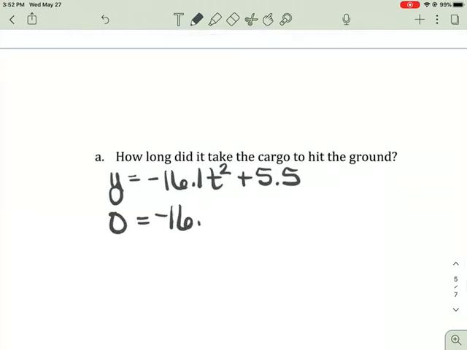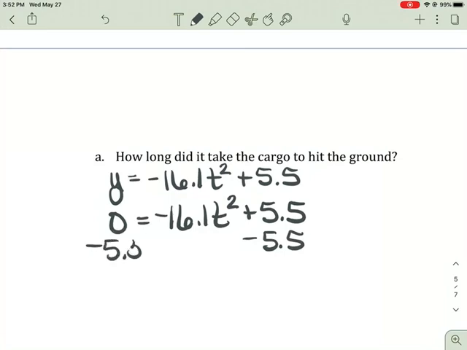Okay. And we're going to solve for t squared, and then solve for t. So we're going to subtract 5.5. Okay, so negative 5.5 equals negative 16.1 t squared. All right, so we're going to divide by negative 16.1.